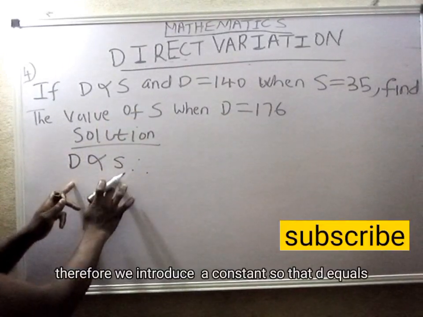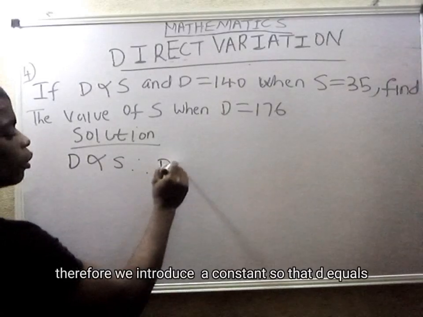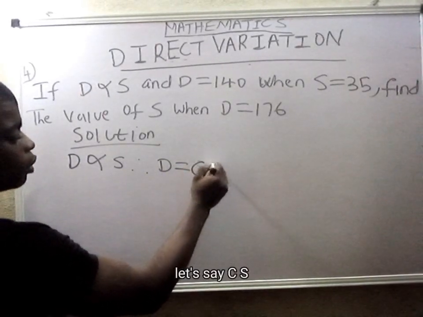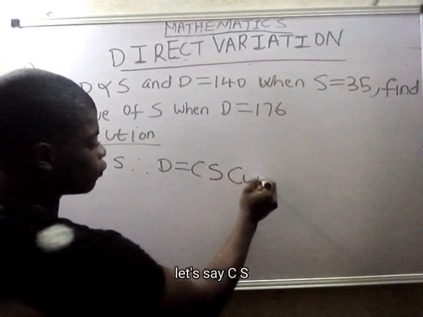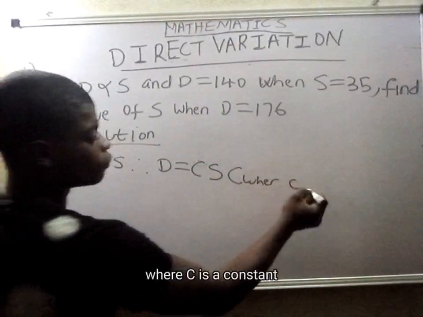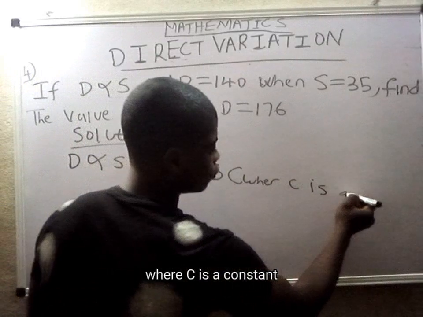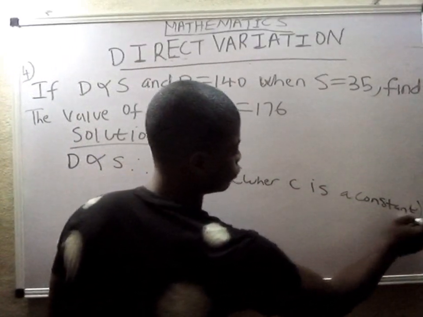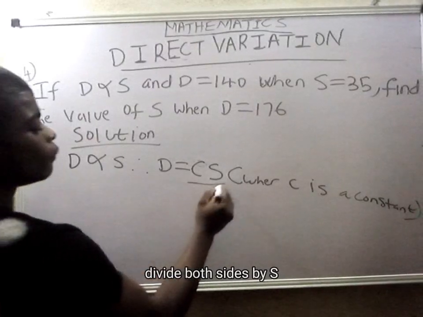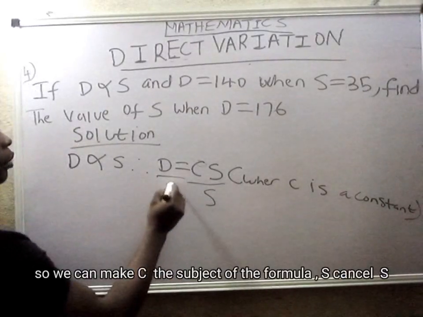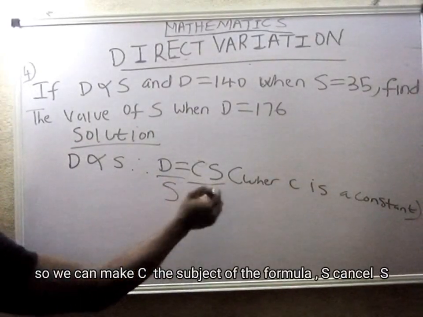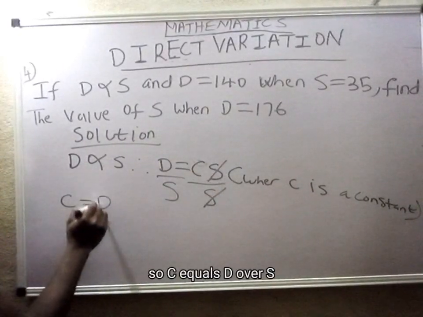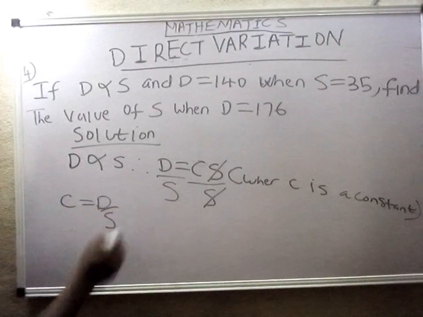Therefore, we introduce a constant so that D equals, let's use C, times x, where C is a constant. Divide both sides by x, so I can make C the subject of the formula. x cancels x, so C equals D over x.